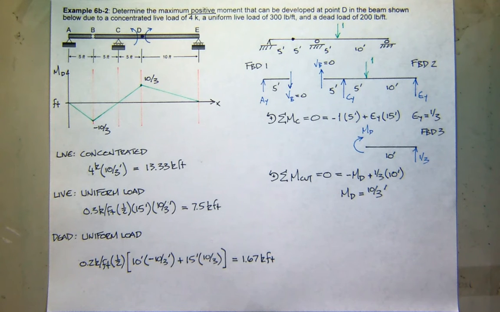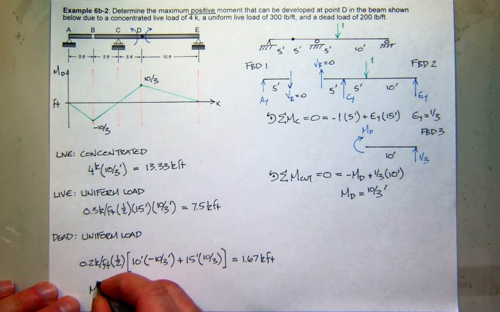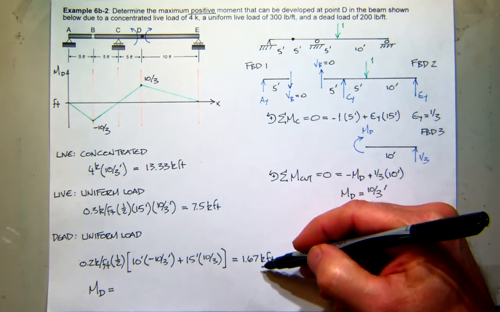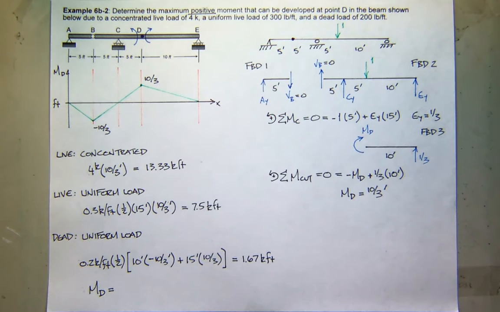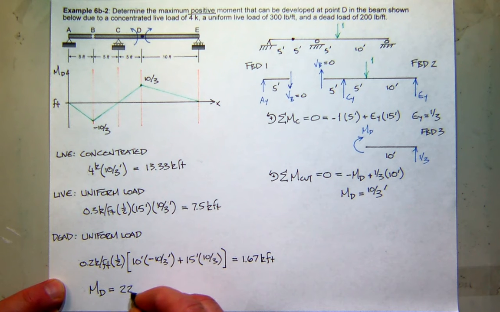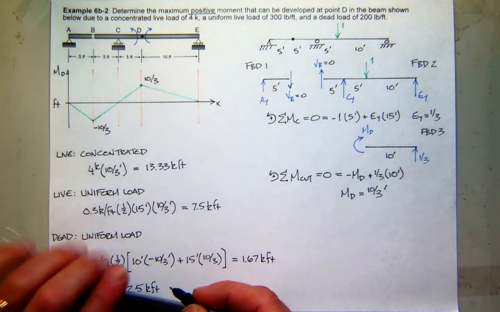So what's the total moment? The moment at D would be the sum of these things. So that plus that is 15, plus that is 22.5. Is that right? So the maximum positive moment is 22.5 kip feet.